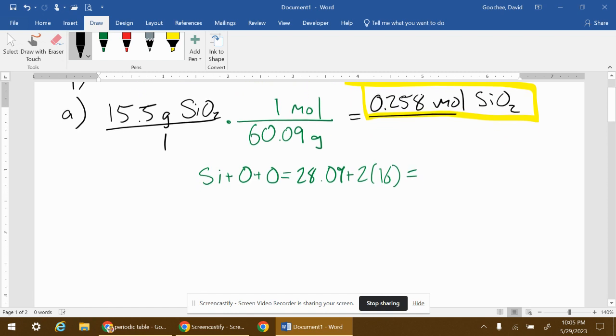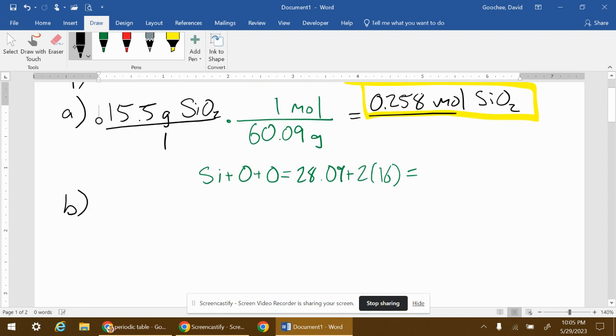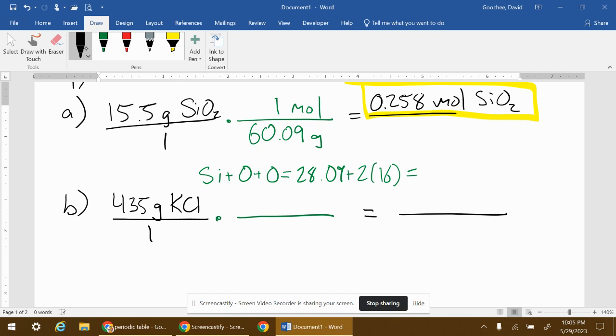All right, great. Now, B, in which we have 435 grams of KCl. Now, there's a reason why I wanted to do this problem right here, okay? So we're setting it up. We want to figure out from grams how many moles of KCl that is. 1 mole on top.